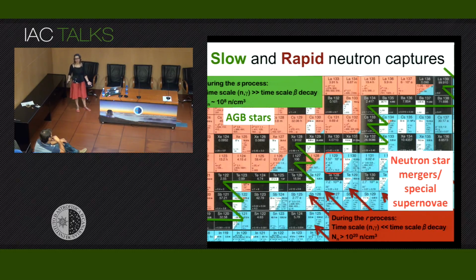There is no way that this nucleus in AGB stars can capture another neutron and produce iodine-129. This is impossible. So what we believe is that this nucleus is produced only by the R process. So this is a nucleus that can only come from special supernovae or neutron star mergers.